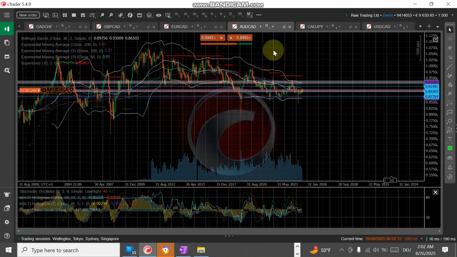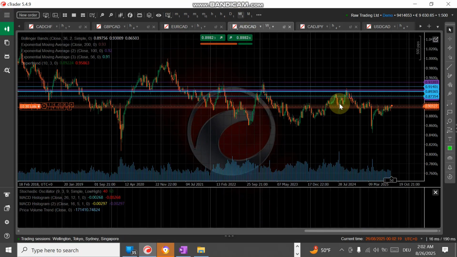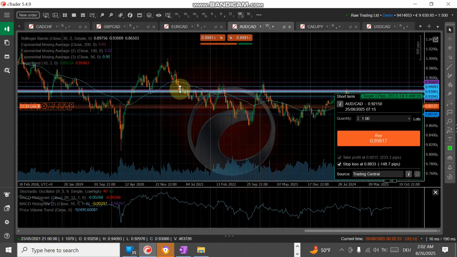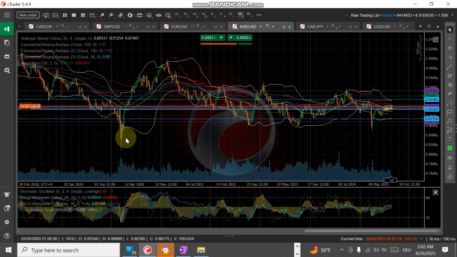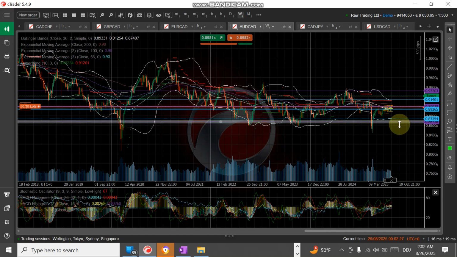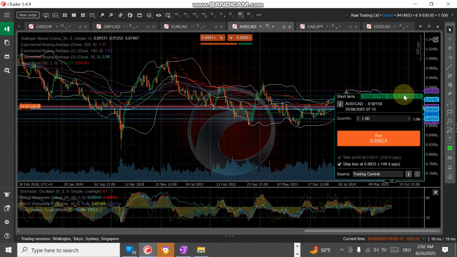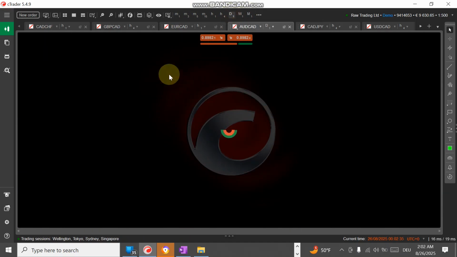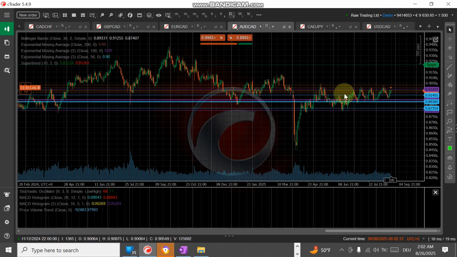So far it's squeezing to the weekly. It's squeezing in this zone of range. So if I buy, I have to wait to buy at the bottom or buy at the high. So there's no direction here for this AUD CAD. It's not fun to stay in the range.